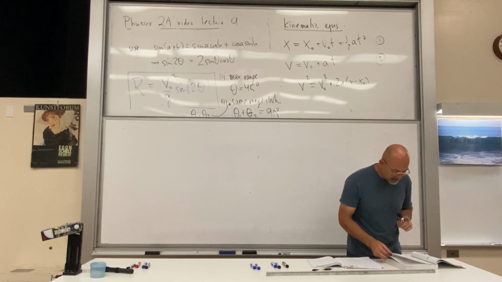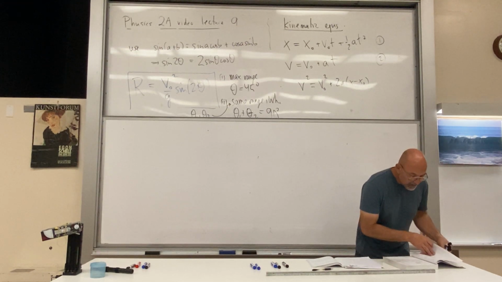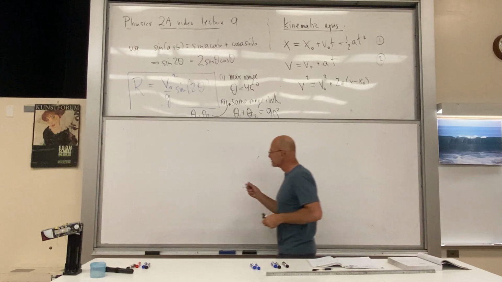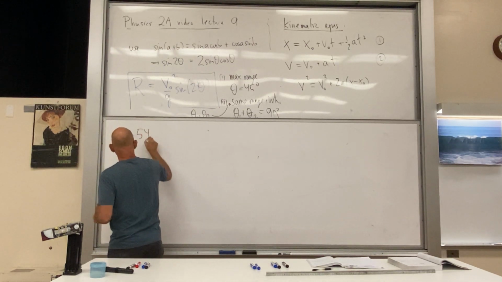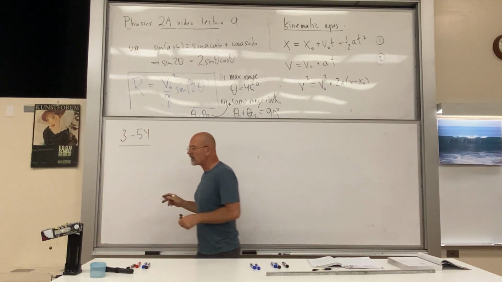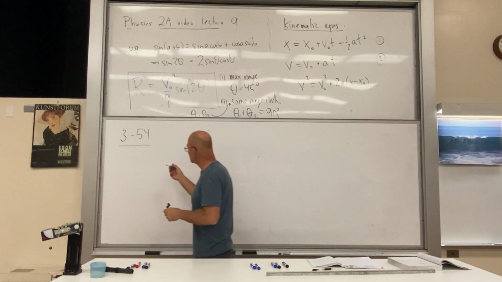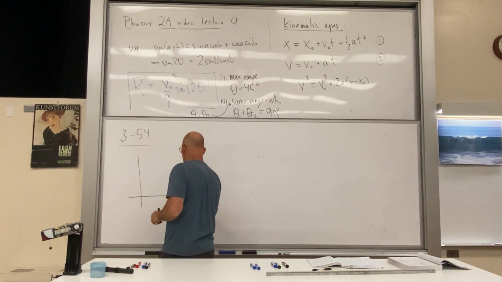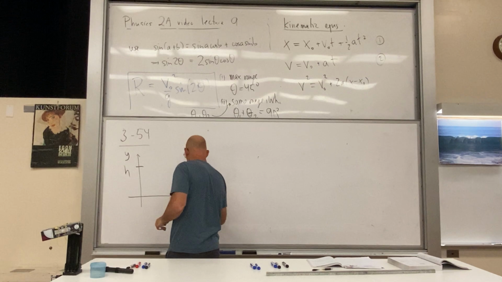It's actually been done completely in the lecture notes, but problem 54 was kind of interesting. So chapter 3, problem 54, this was a waterfall. A landscape architect designs a waterfall, but you saw immediately from the sketch there that it too was a horizontal throw, so we can just label it the way we've been doing here.